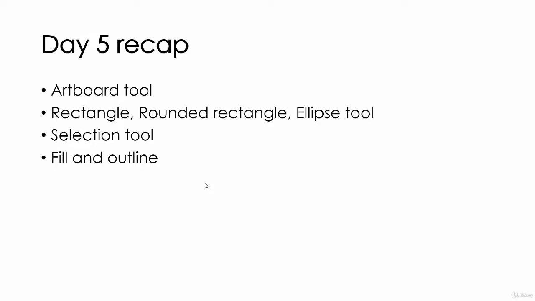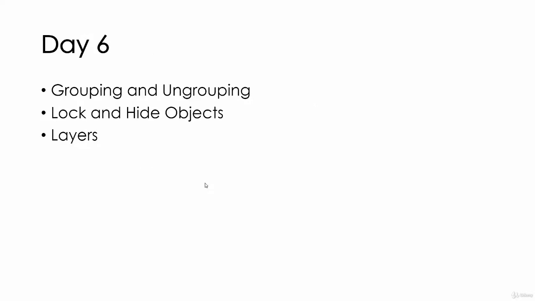After that, we learned about the selection tool, how we can select and move shapes around, and how to delete them. Then we learned about filling color in shapes, and changing the outline colors and weight of shapes. So let's see what we are going to learn today.